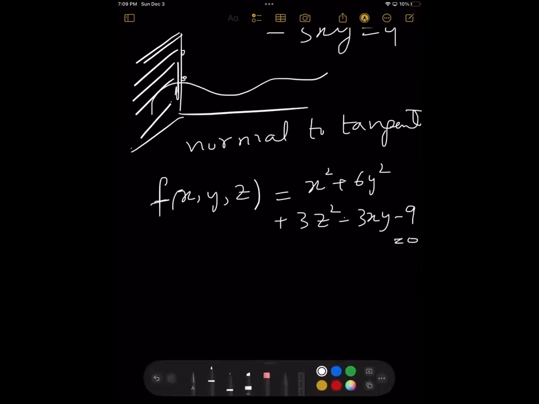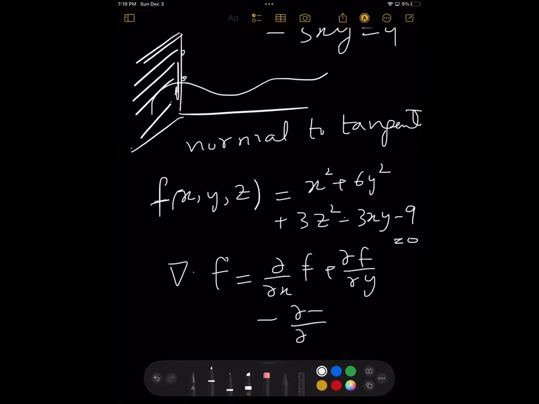So we find del f. This will give us a vector along the normal to surface S. So it will be partial f over partial x i plus partial f over partial y j plus partial f over partial z k.